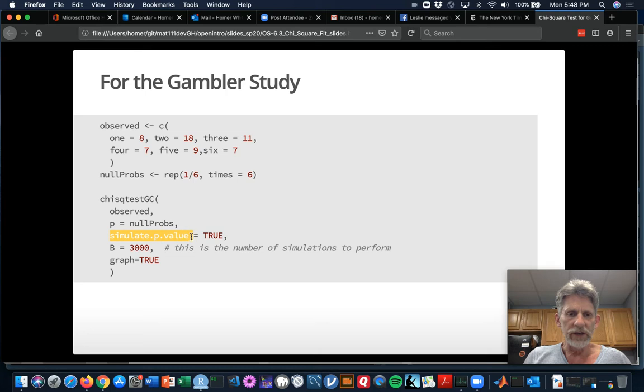And those simulations we saw being done in the app, those can be recreated with this function if you set simulate.pvalue to true. You need to say how many simulations you want to do. I suggest several thousand. Please don't do a billion. 3 to 10,000 is fine for the RStudio server to handle. You can get a little graph of how the simulations come out if you say graph is true.